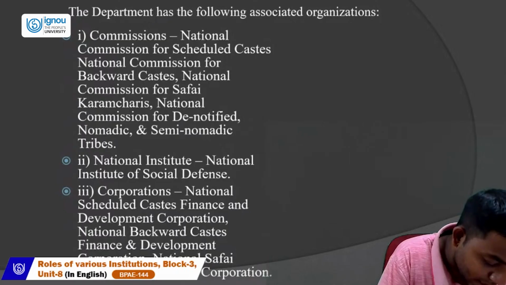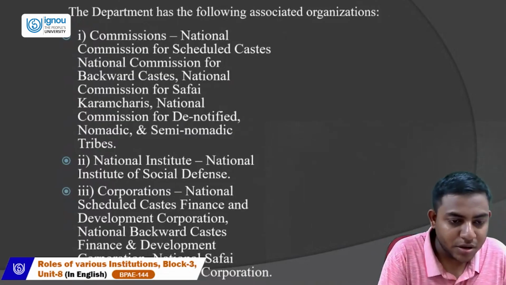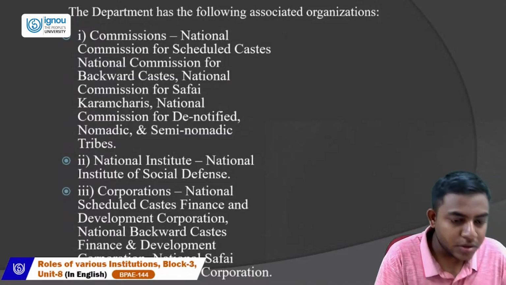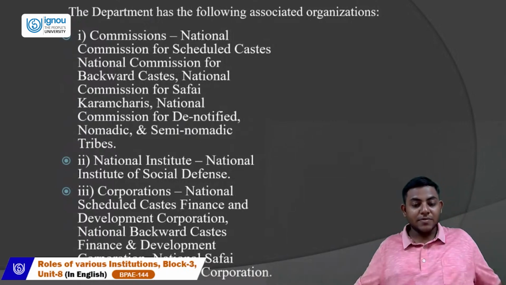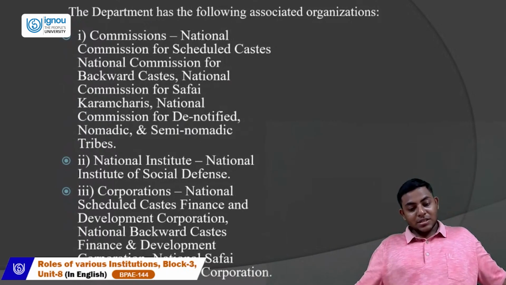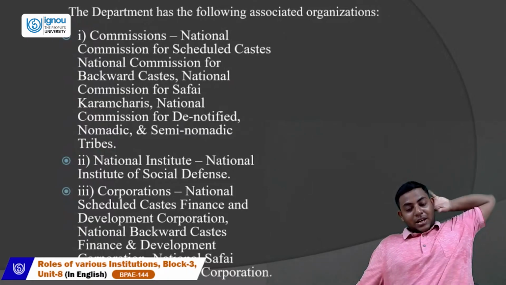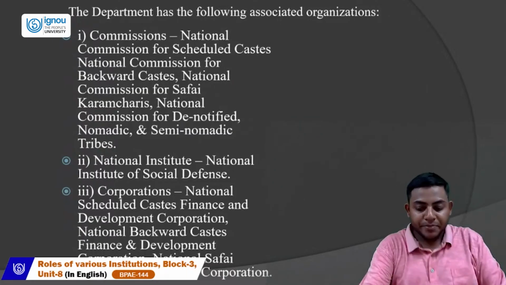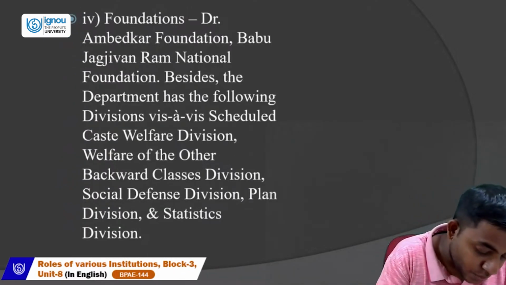It is something that we will be discussing in detail in the next class, that is the National Institute of Social Defence. So there are certain corporations as well. For example, the National Scheduled Castes Finance and Development Corporation, the National Backward Classes Finance and Development Corporation, the National Safai Karamcharis Finance and Development Corporation, and there are certain foundations as well.